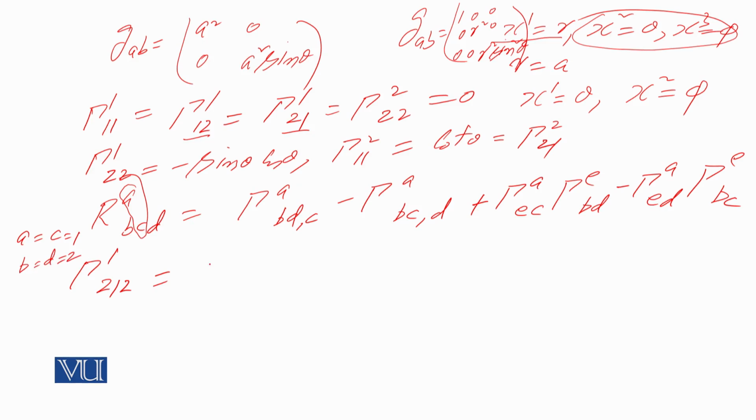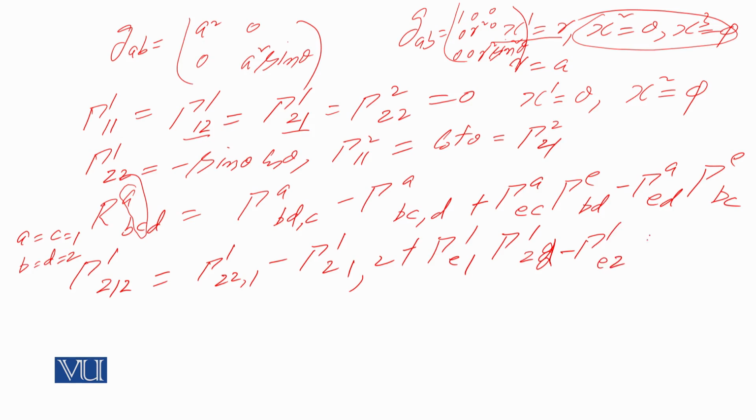Putting all these values here: Γ^1_22,1 minus Γ^1_21,2 plus Γ^1_e1 Γ^e_22 minus Γ^1_e2 Γ^e_21.